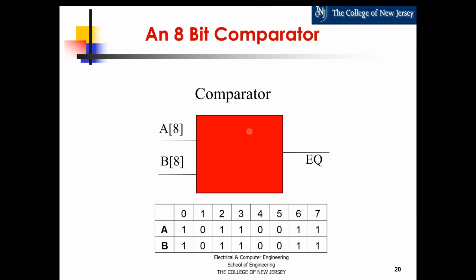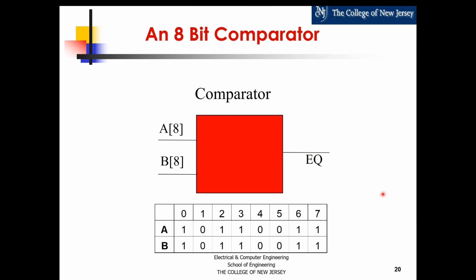So you could visualize this as 8 exclusive NOR gates of 2 inputs each, taking each of the respective bits this way, and then the output of those 8 gates going into an 8 input AND gate, and if they are all 1, meaning that they are all the same, then the output that goes to EQ will be 1, and that's your functionality.